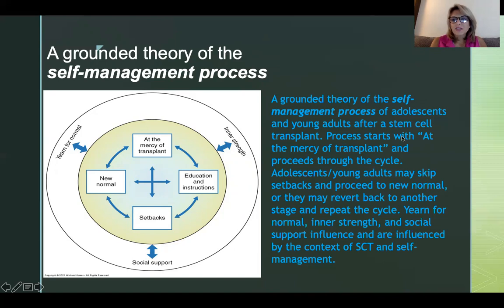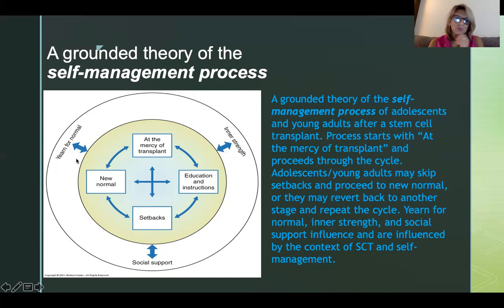But in this process, it starts with at the mercy of the transplant right here. So this is where it started. They got their stem cell transplant. And then it proceeds through the cycle. And so it's all interchangeable. Everything happens at different times, but it's constantly going. So at the mercy of the transplant, the teenager got the stem cell transplant. Now, what's the setbacks? What education and instructions were they provided with? And now are they accepting their new normal?